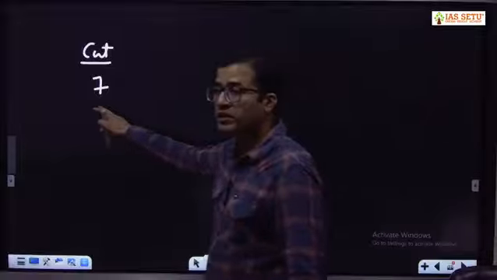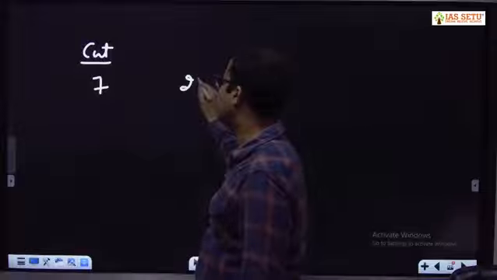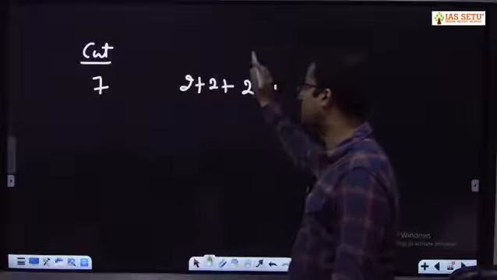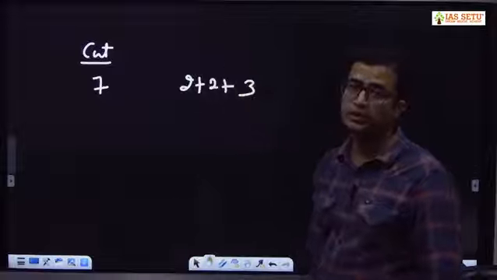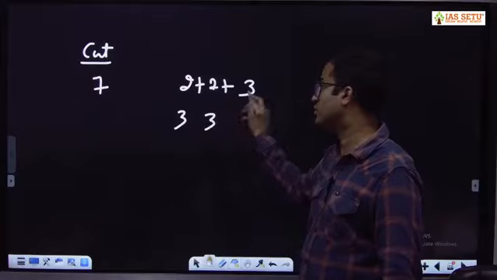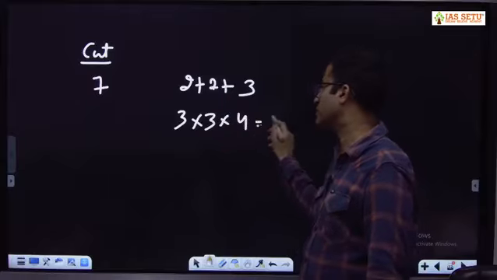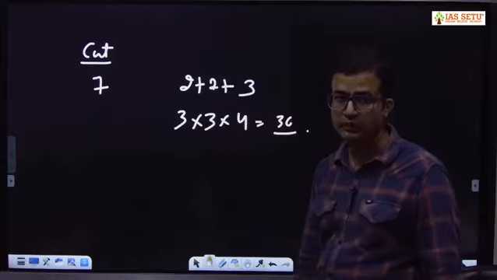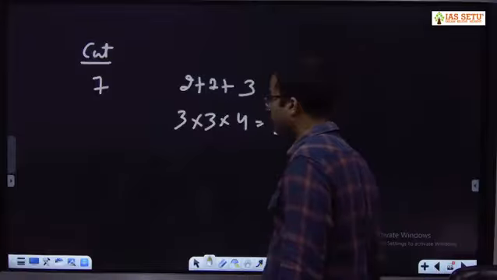Multiple of 3 near to 7 is 6. So it is 2 plus 2 plus 2, but there is 1 extra. 2 plus 2 plus 3 is the best distribution. 2 cuts give you 3 pieces, 2 cuts give you 3 pieces, 3 cuts give you 4 pieces, 30. अभी कुछ और क्वेश्चन बचे हैं.